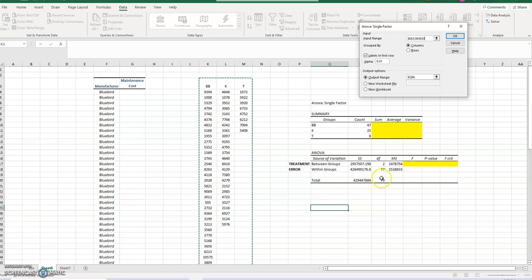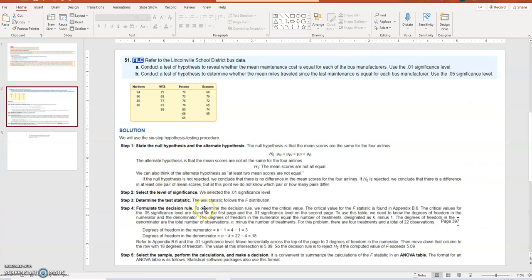The thing that you want to look at is over here. So what I'm saying is when you go ahead and run this, what you'll get in the column here that says F will be your F statistic, which again is calculated here. Let's see, determine the F statistic, right? Which you can do here.